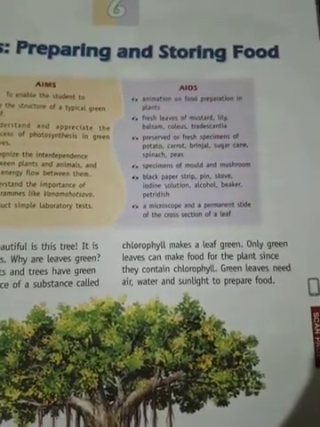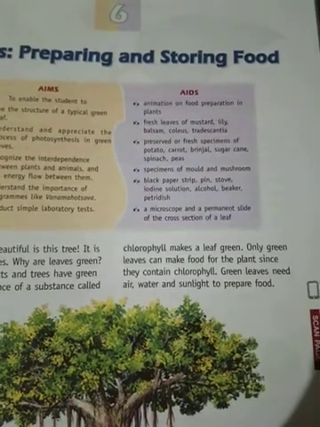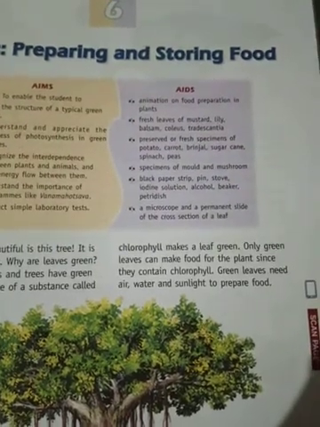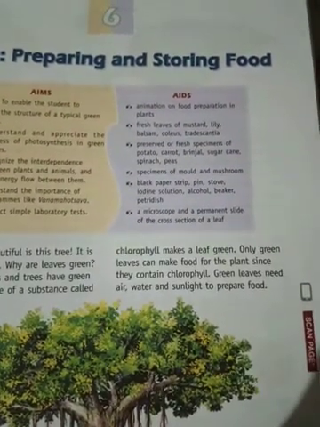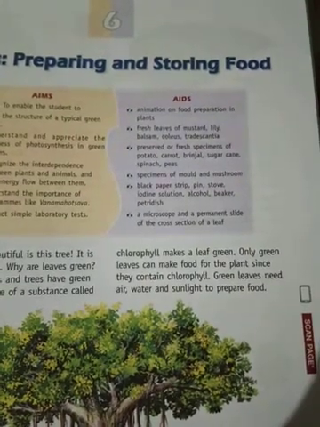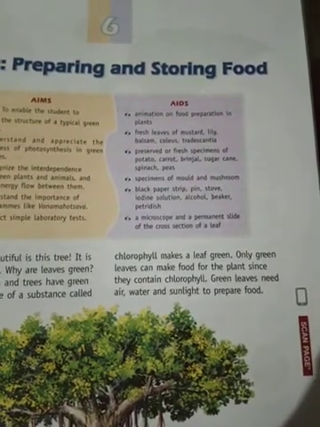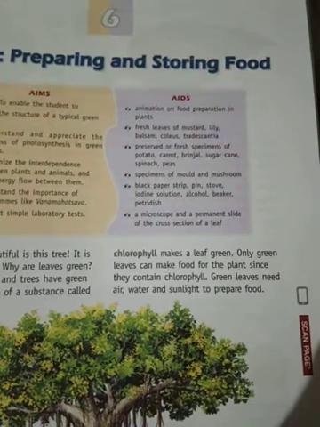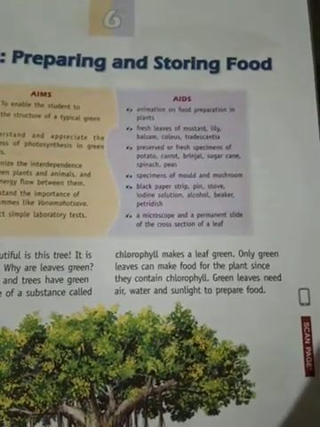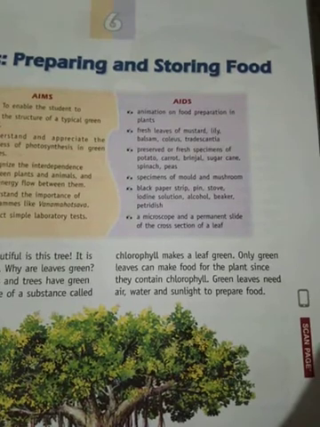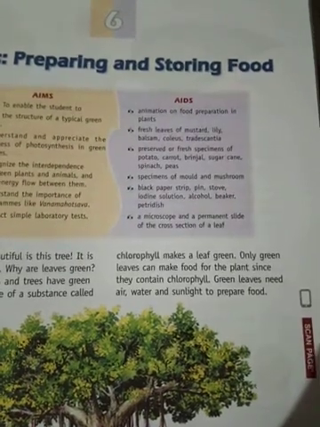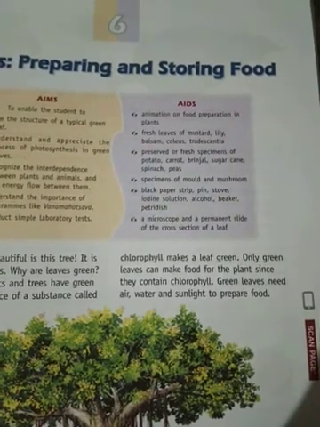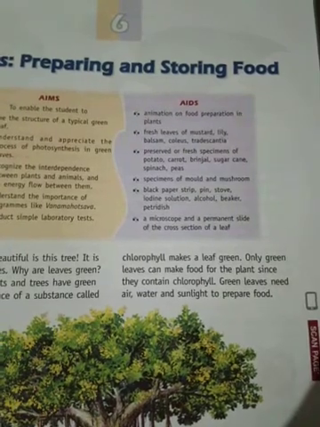Now, only green leaves can make food for the plant since they contain chlorophyll. The leaves which are green are the only leaves which can make food for the plants since they contain chlorophyll. That means chlorophyll is responsible for making food inside any plant. Green leaves need air, water and sunlight to prepare food. Very important line. A green leaf cannot prepare food with chlorophyll alone.